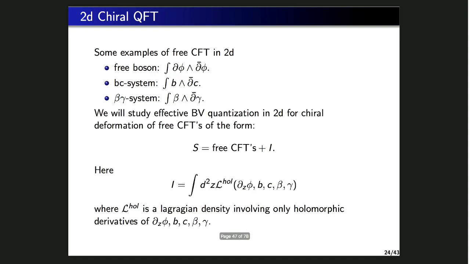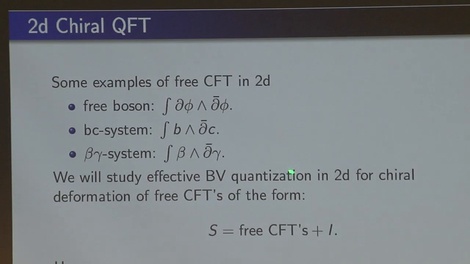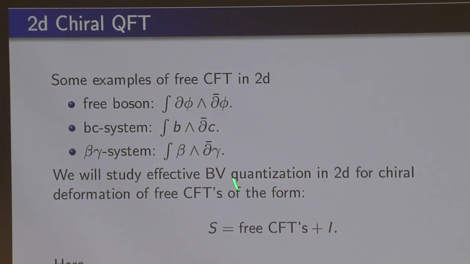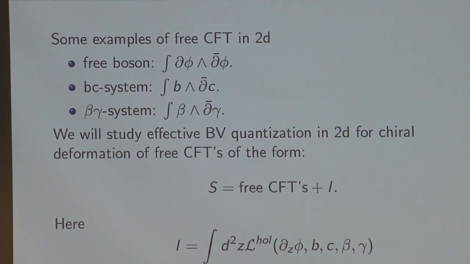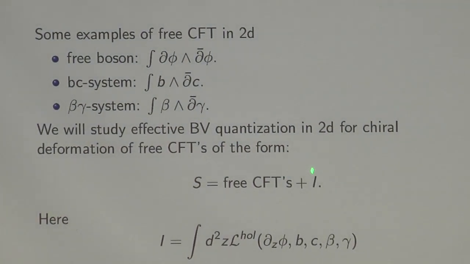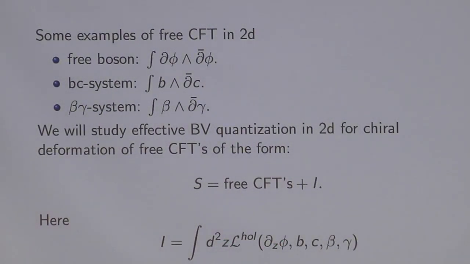We're going to understand the following problem. We're going to understand the BV quantization in 2 dimensions. So the underlying manifold is 2 dimensional, for a so-called chiral deformation of free CFT of the following form. The free part is given by this data. Then I'm going to deform the theory by adding some interaction terms.